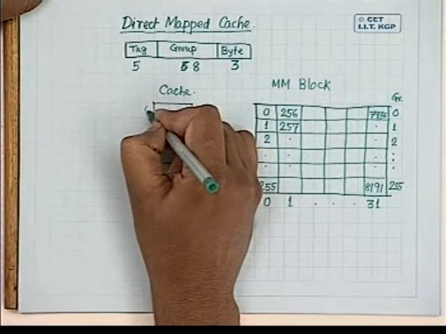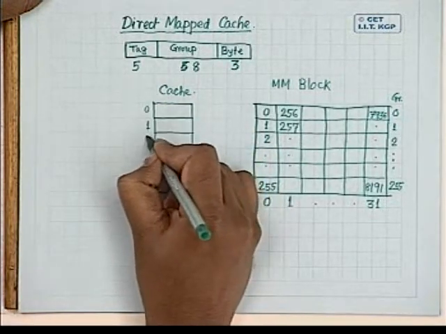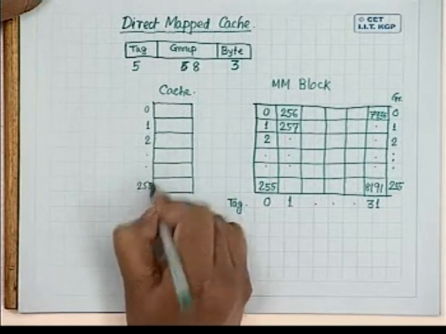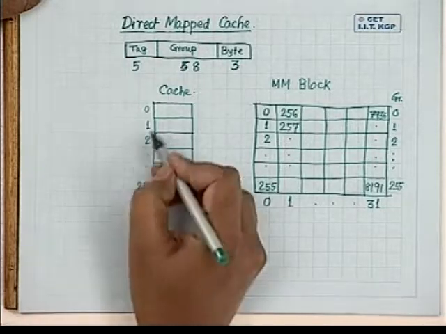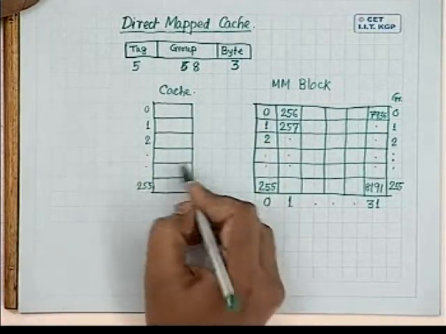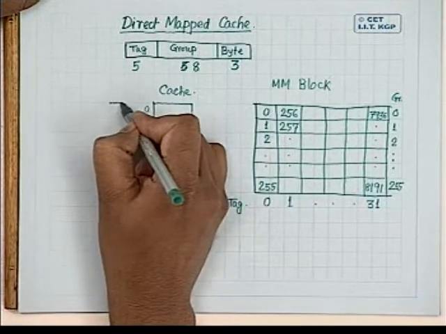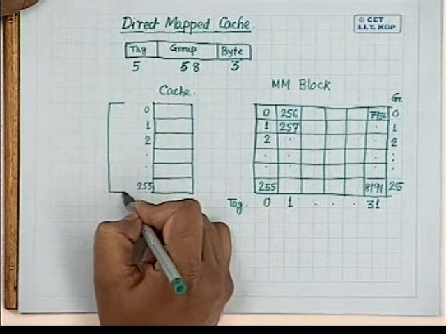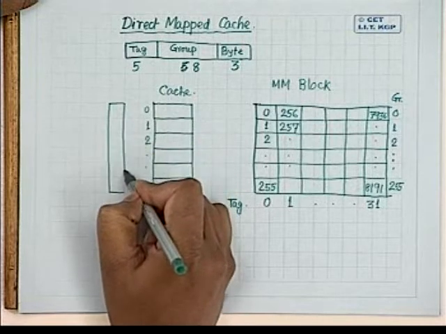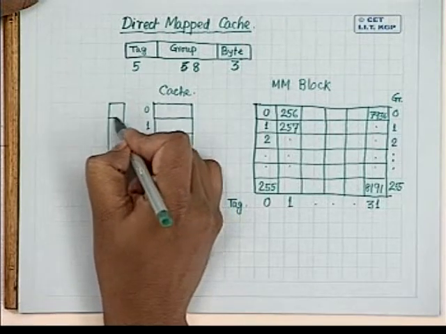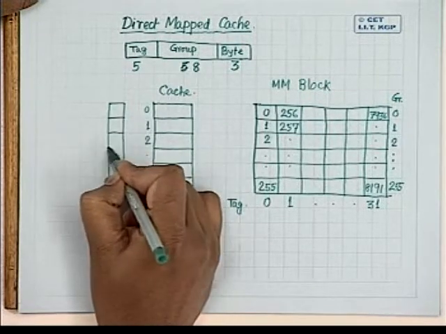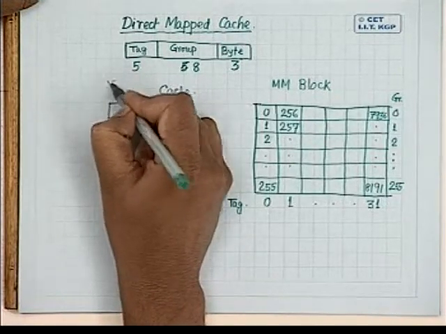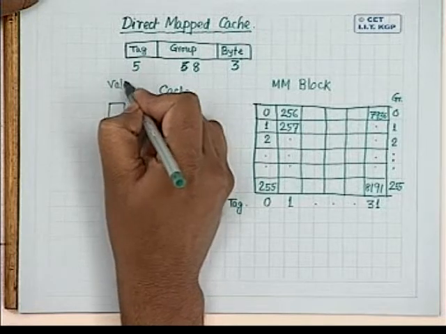So this is cache line 0, this is cache line 1, cache line 2, this is cache line 255. As before, for every cache line, I have to have a valid invalid bit. So when a particular cache line contains a valid block of main memory content, then the corresponding valid bit has to be 1, otherwise the valid bit will remain 0.